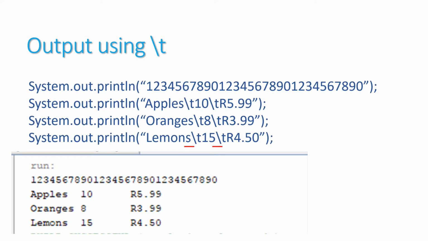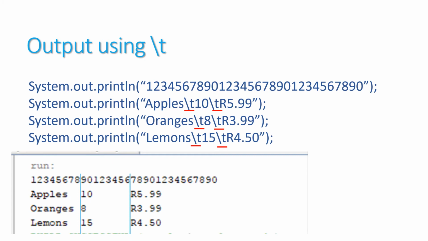So how exactly does this work? We've got all our \t's, which I've highlighted for you here. And you can see that the 10, which is behind a \t, gets printed in column 9. So that is where the tab column is. It's every 8 characters throughout your screen. If you're using \t, there are tab columns every 8 characters.